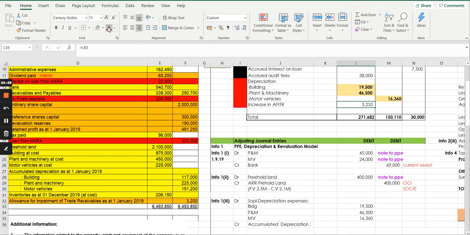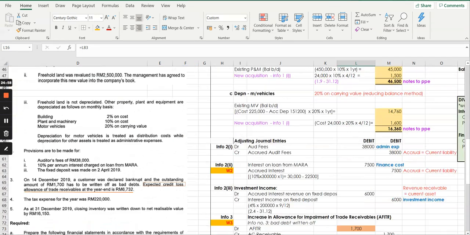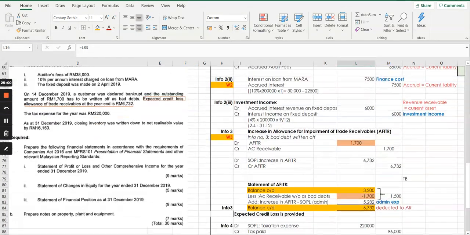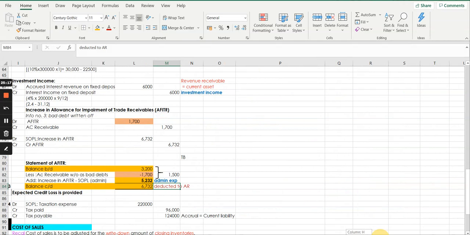So this 5232 here is the one we put under admin expenses. This 6732 should be deducted from account receivable, meaning that this will go to your statement of financial position.